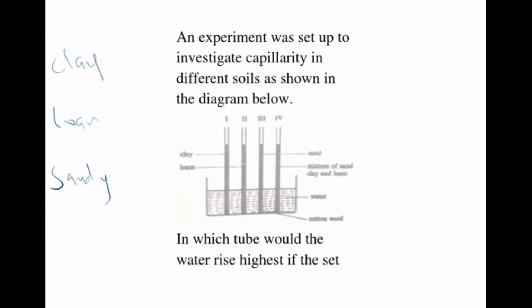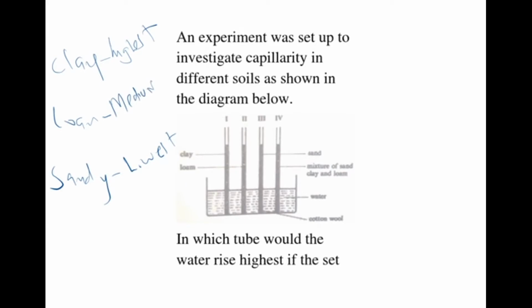Therefore, clay soil has the highest capillarity, sandy soil has the lowest, and loam soil has the medium capillarity.